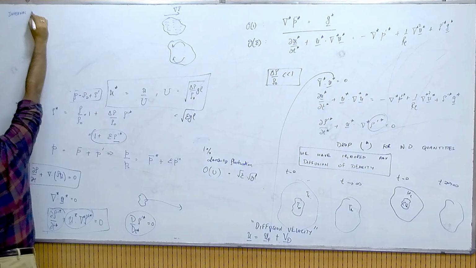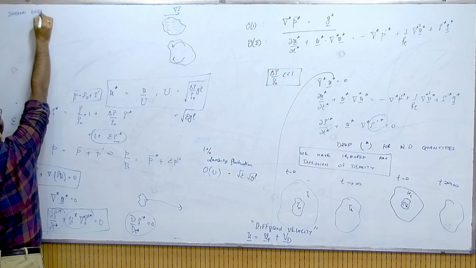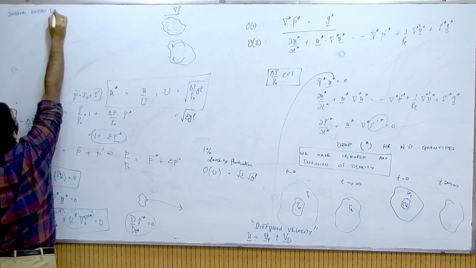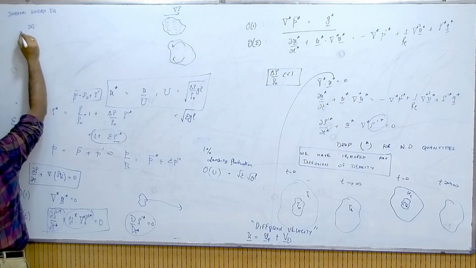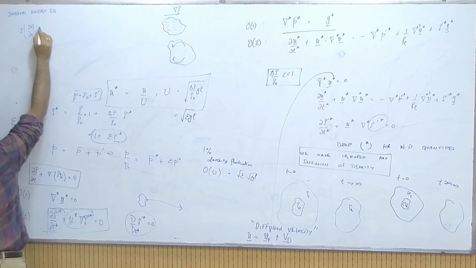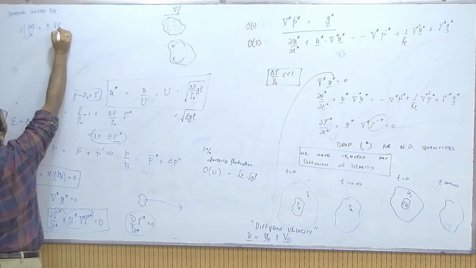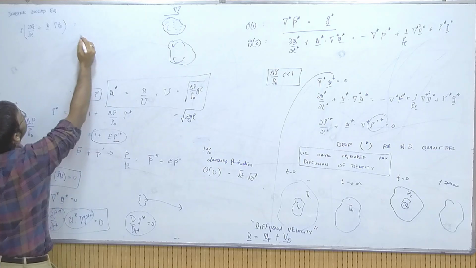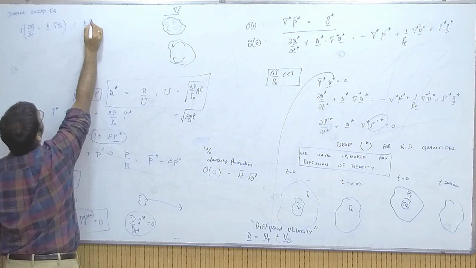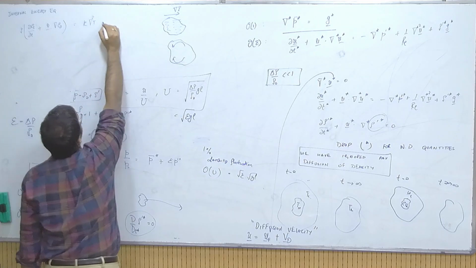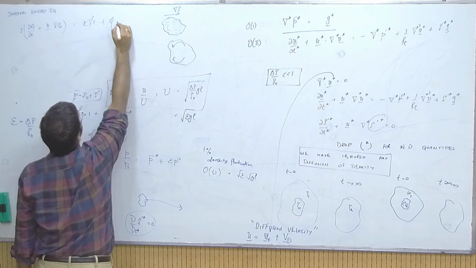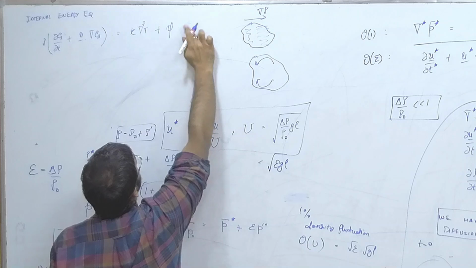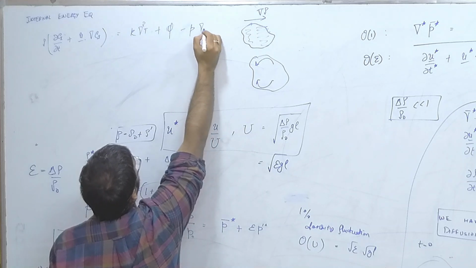So if you go back in your notes, the internal energy equation was something like this: rho times (del E_I by del t plus u dot grad E_I) was equal to k del squared T plus some deformation work done, plus minus of P del dot u.